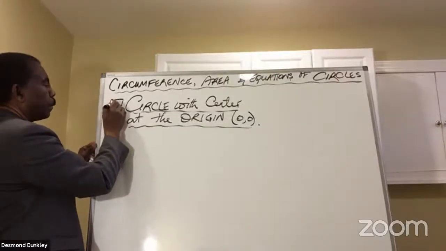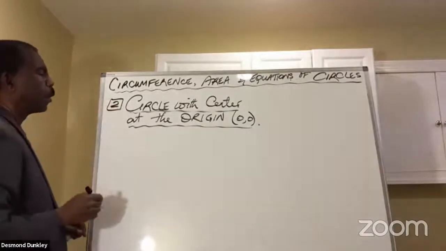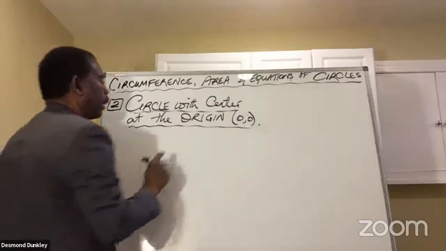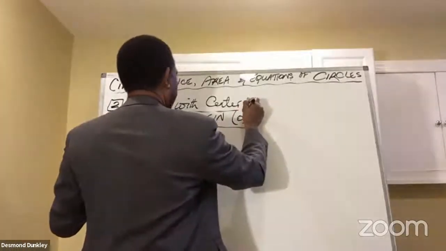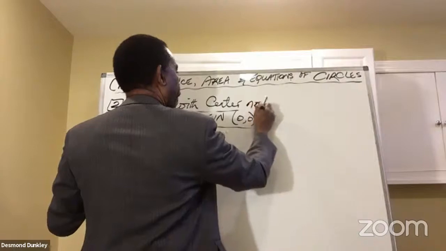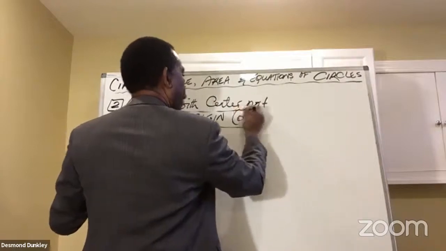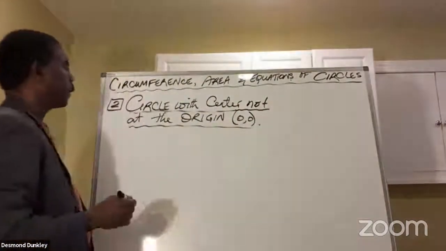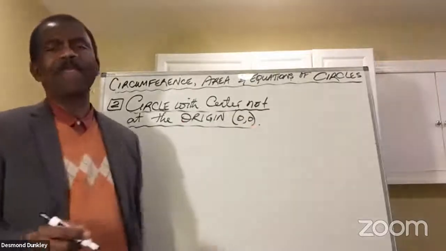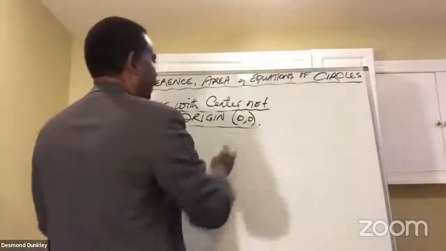Number 2. Circle with center not at the origin. So notice now, it's not at the origin. Let's emphasize.